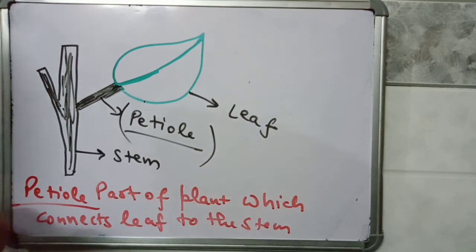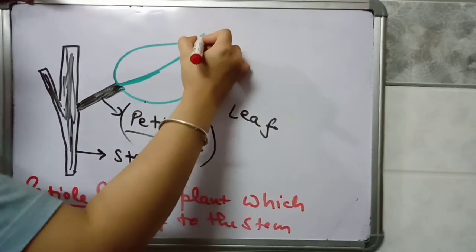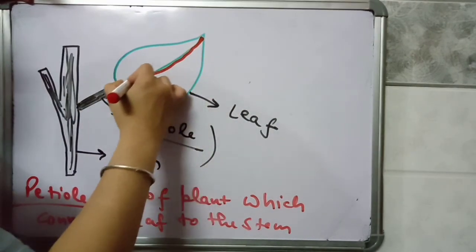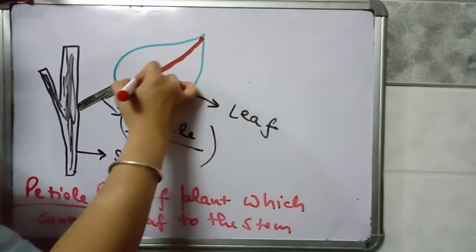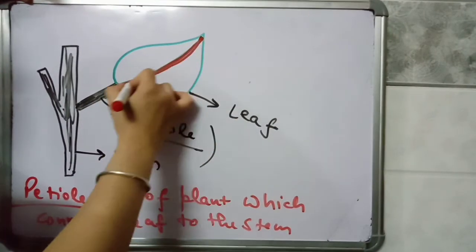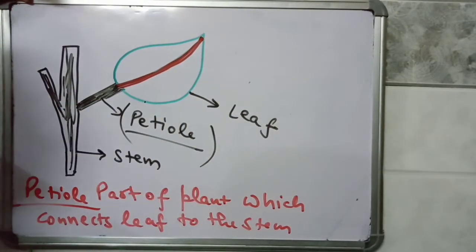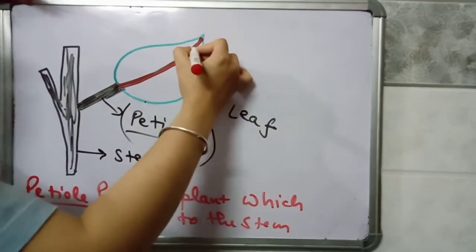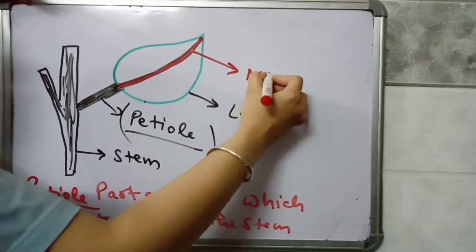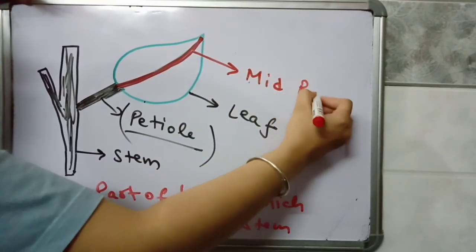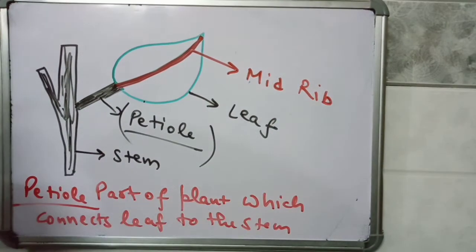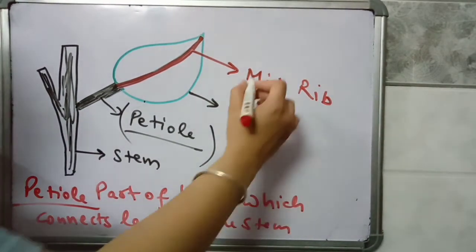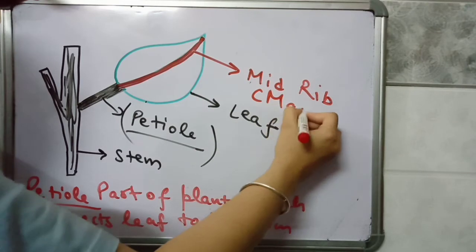In a leaf, a central line is present just like this, which is behind the leaf, at the lower part of the leaf. This line is named the midrib, or it can also be named the main vein.